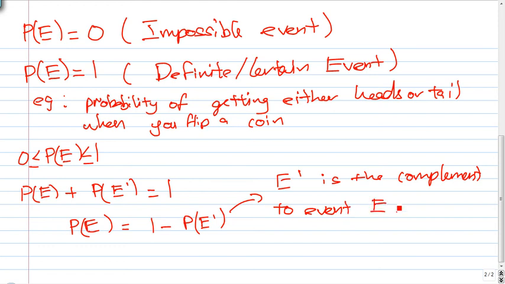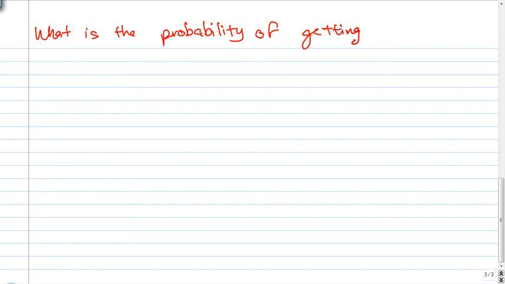Let me just give you a very oversimplified example of probability. What is the probability of getting heads when you flip a coin?